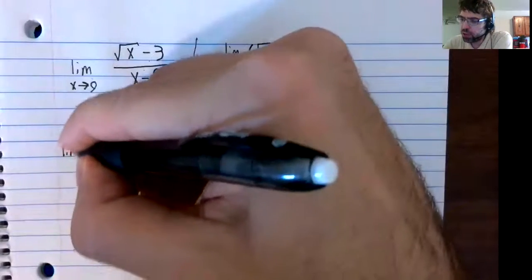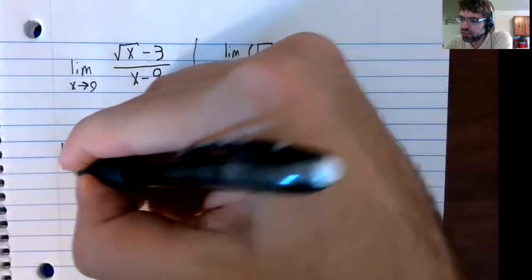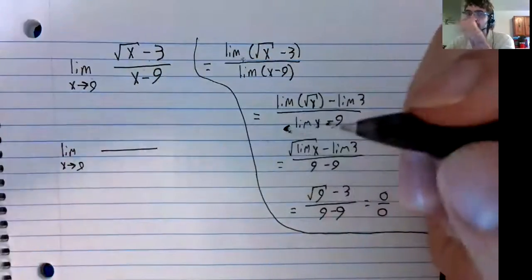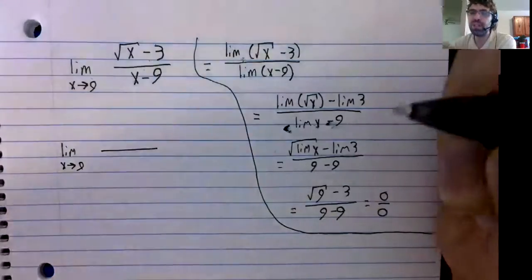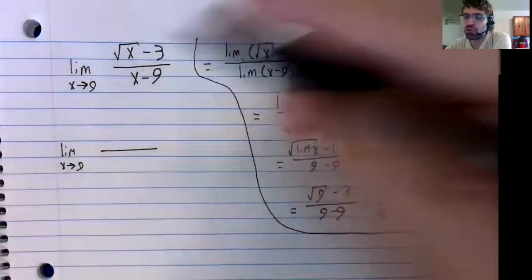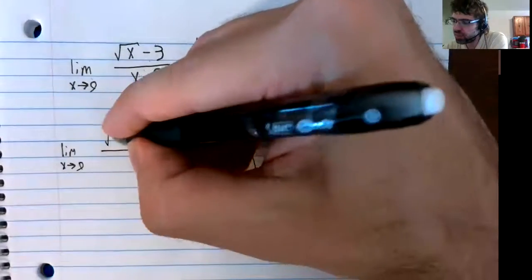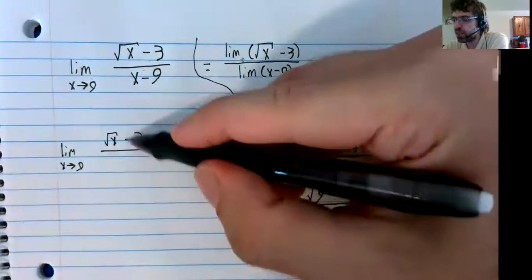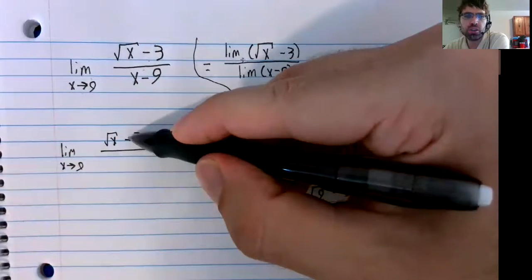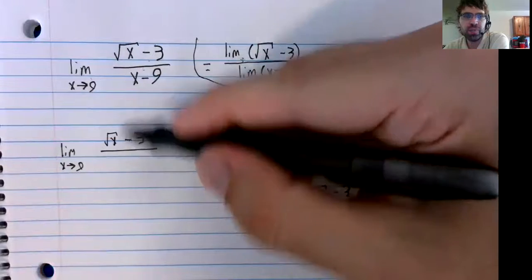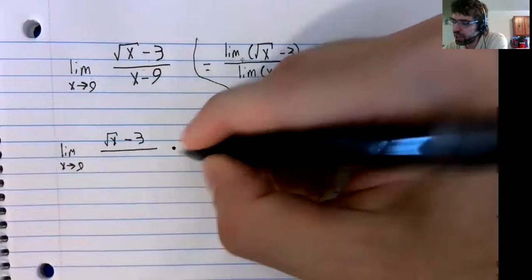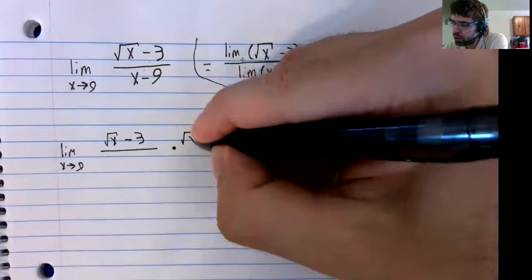And the general trick to this, we're going to go to whichever part of the fraction has the square root in it. And if this is subtraction, we turn it into addition. If it's addition, we turn it into subtraction.